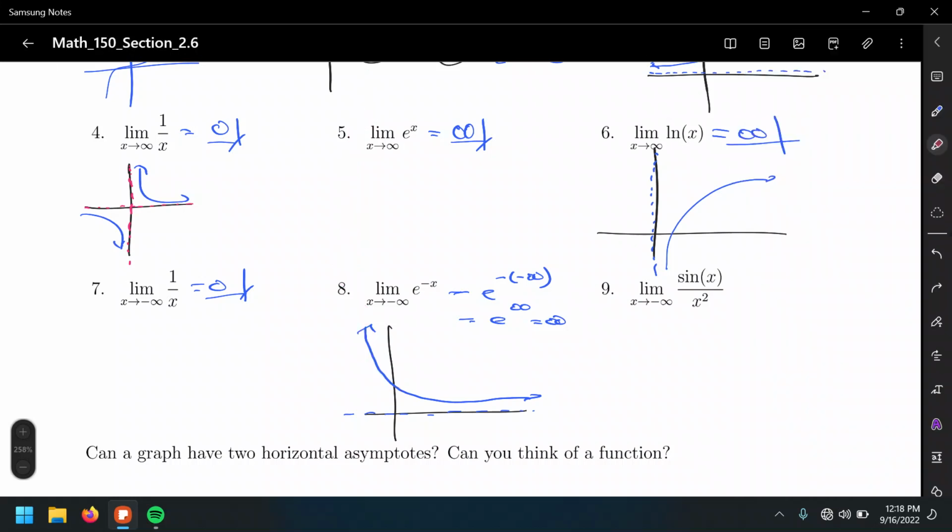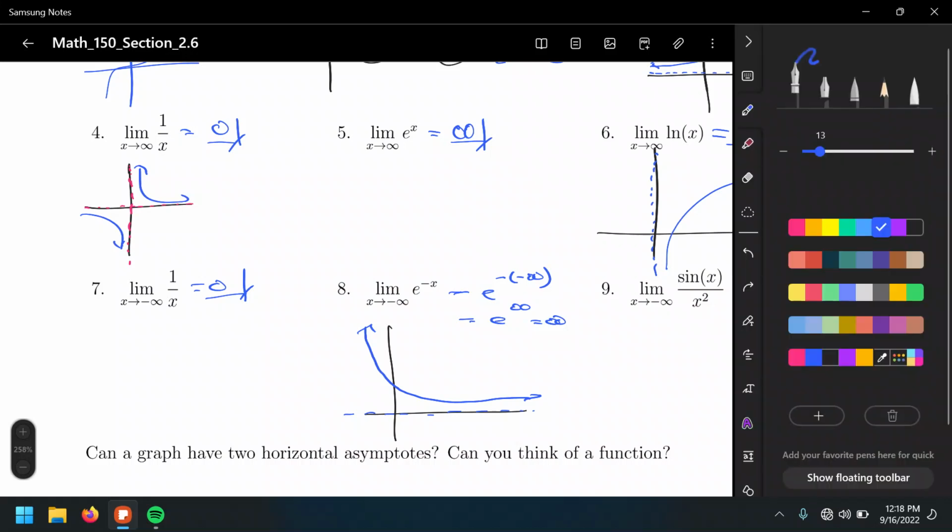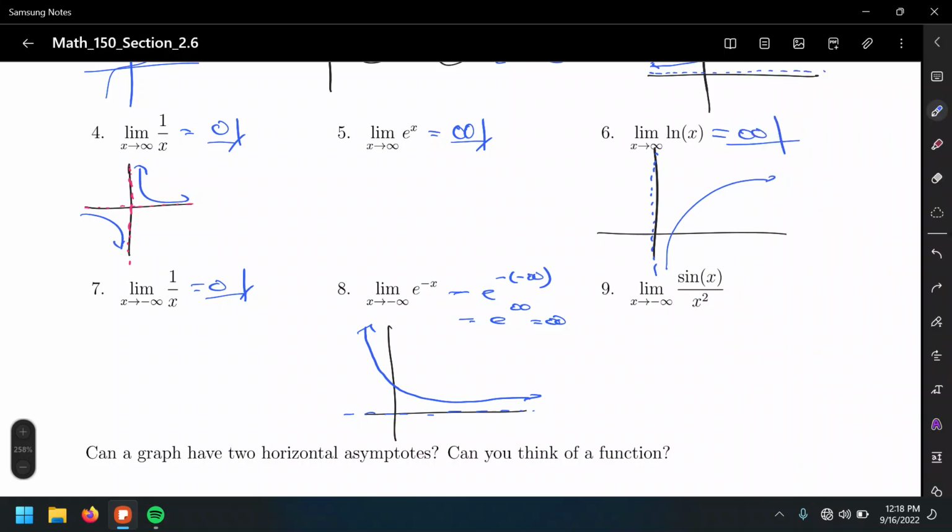And the last example. Sine x over x squared. What's going to happen with the sine at infinity or negative infinity? Doesn't matter. In a similar case as cosine, what happened with cosine? It went oscillating between negative 1 and 1, right? So let's look at each individual case.